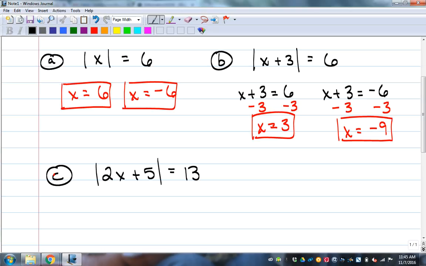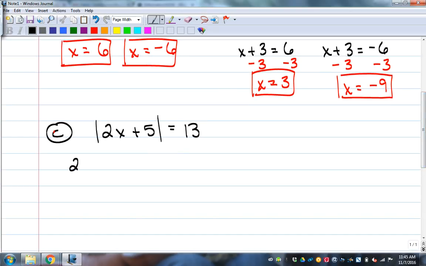Positive 13 and negative 13. So we're going to set up 2 equations to find out where is 2x plus 5 equal to 13? And where is 2x plus 5 equal to negative 13? We're going to solve each of those problems.